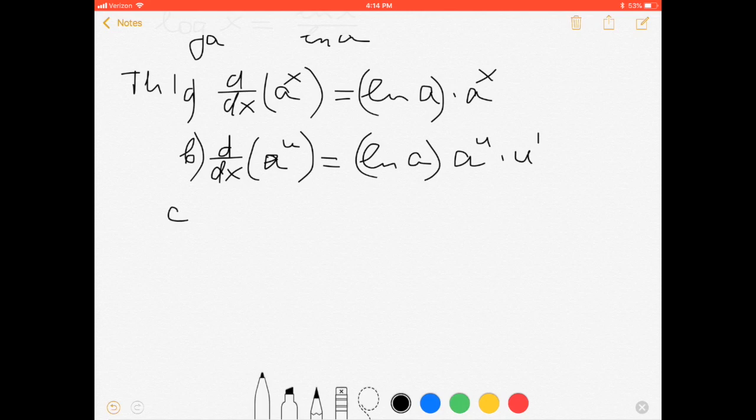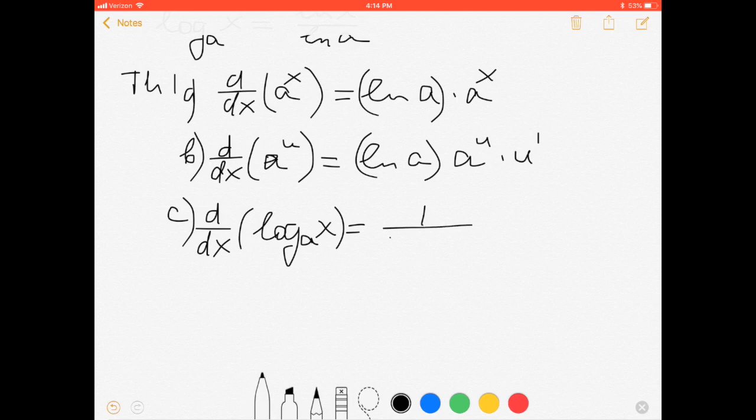What happens if I take the derivative of a logarithmic function? This will be d/dx of log base a of x, which will be 1 over x times ln a.